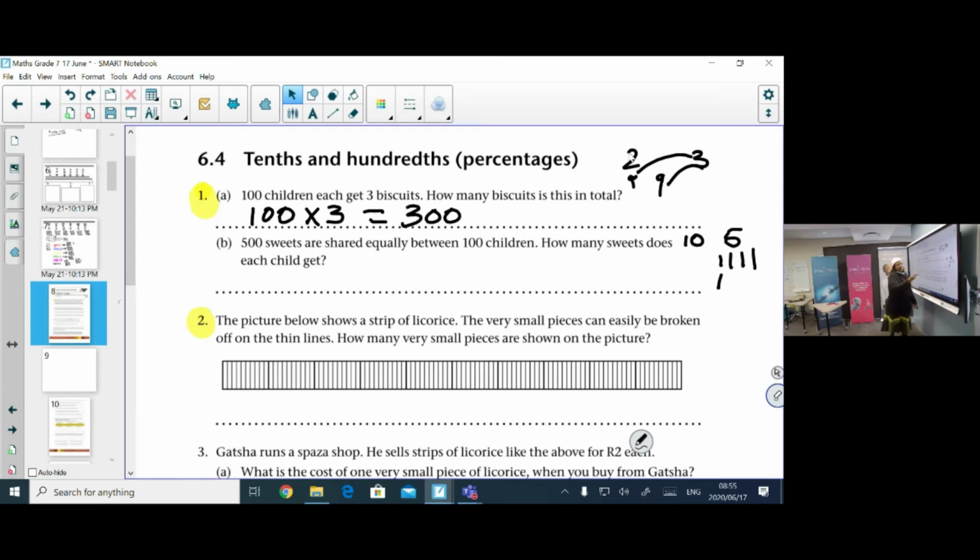And then if you give 2, 2, 2, all the sweets are gone. In other words, to get that 2, you say 10 divided by 5, you get 2 each. So here, 500 sweets must be given to 100 children. You are dividing by 100. So you are going to give each child 5 sweets.